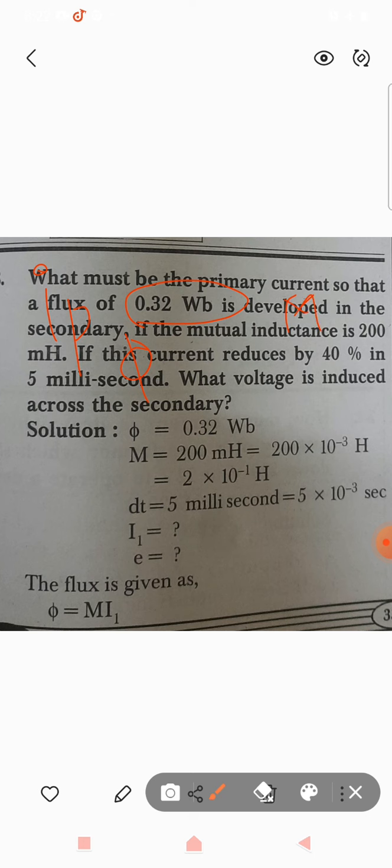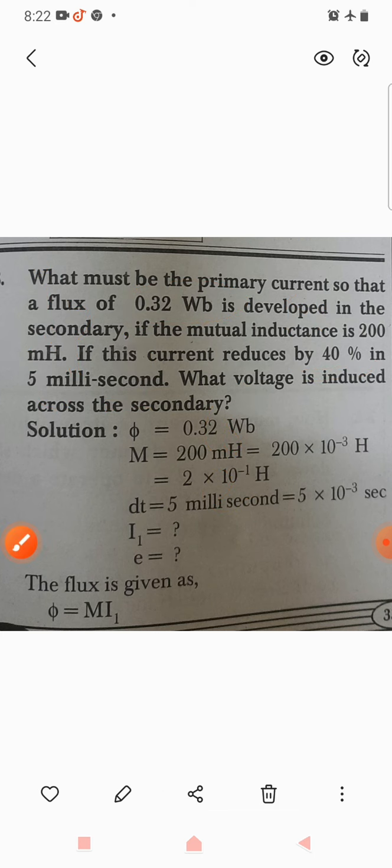Mutual inductance has the symbol M. M is equal to 200 millihenry. Millihenry we should convert in terms of henry by multiplying with 10 raised to minus 3. If this current reduces by 40% in 5 millisecond, millisecond again we should convert in terms of second by multiplying with 10 raised to minus 3. What voltage is induced across the secondary? So the voltage developed in the secondary we have to calculate.